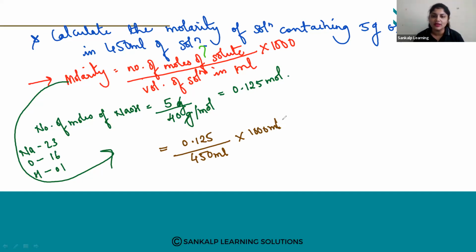So this ml and this ml get cancelled. Solve this. So first you take 0.125 and divide it by 450. How much are you getting? Just see.